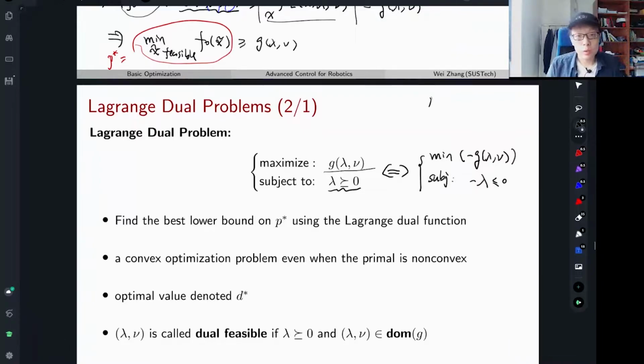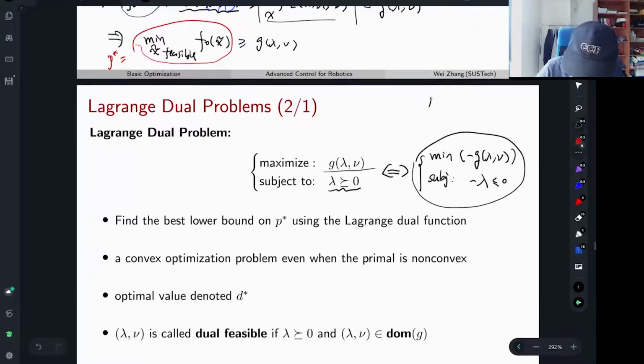Because we want to transform into the standard form, which is minimize subject to inequality constraints that are functions less than or equal to 0. Because G is concave, negative G is convex, right? It's a convex function, and the inequality constraints are even linear. So this is a convex optimization problem.